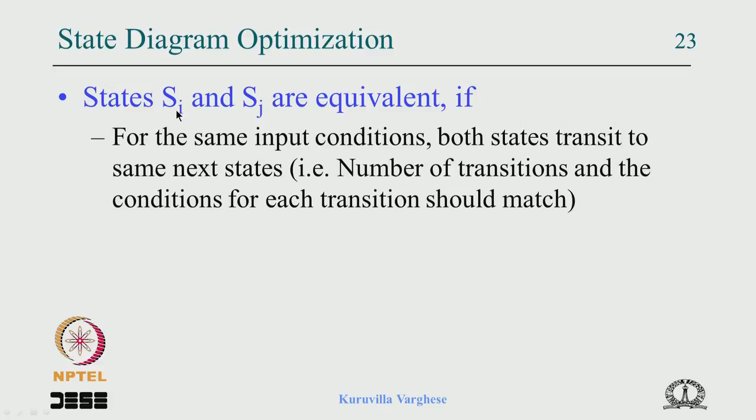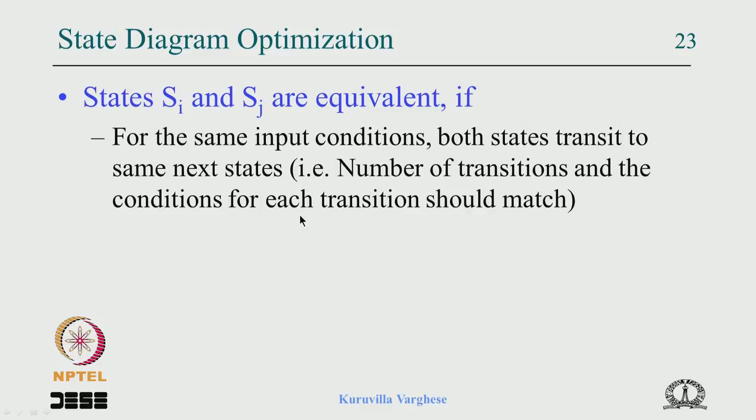When start is high, Si transits to Sk, and Sj transits to Sk. Assume that these are different parts of the state diagram; don't assume that both are working concurrently. When the state machine is in Si and the start comes, it goes to Sk. When the state machine is in Sj and the start comes, it goes to Sk.